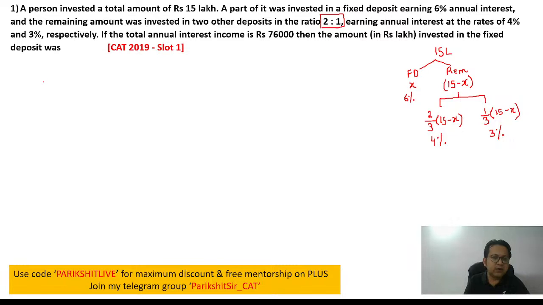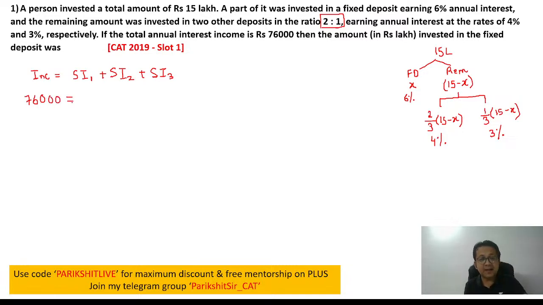Total income is nothing but simple interest from the first part, plus simple interest from the second part, plus simple interest from the third part. That's your total income, 76,000.